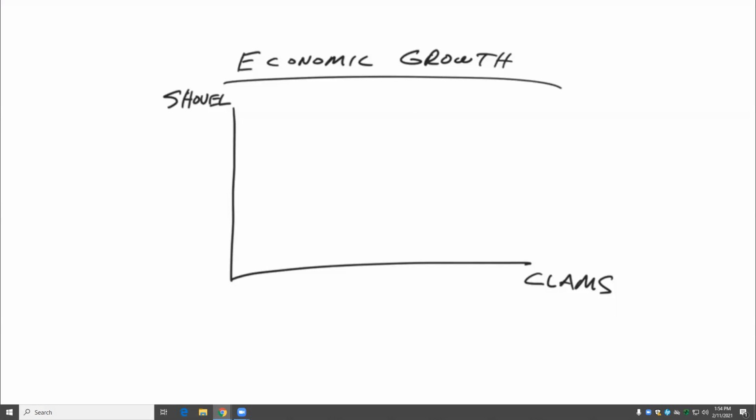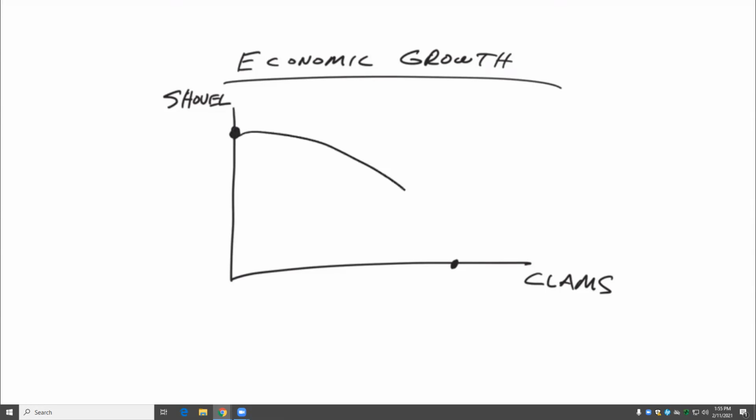Okay. So, right now, you're making that many clams. If you spend all your time digging for clams, that's it. If you spend all your time making shovels, you could produce that many shovels.